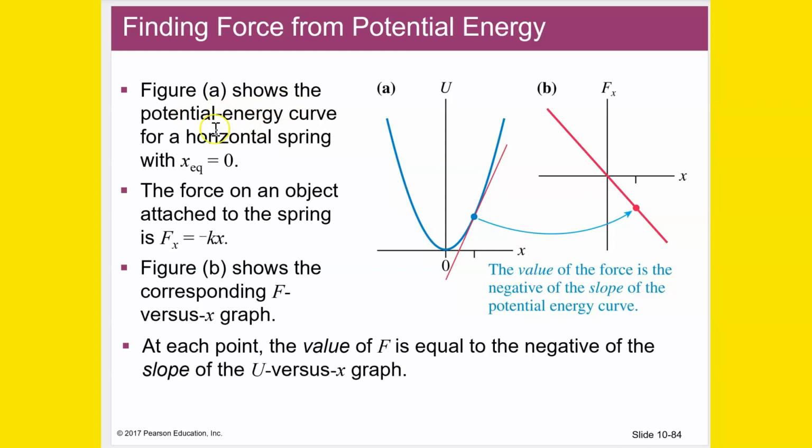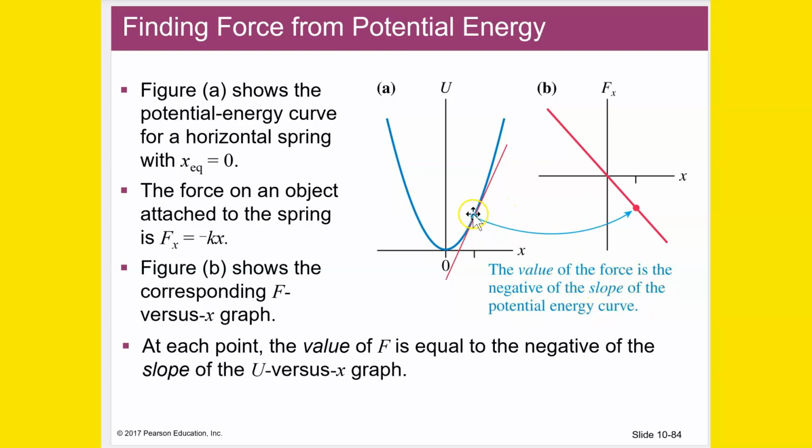Figure A shows the potential energy curve for a horizontal spring with the equilibrium length being 0. The force on an object attached to the spring is negative kx. Figure B shows the corresponding F versus x graph. The value of the force is the negative of the slope of the potential energy curve. Gotcha.